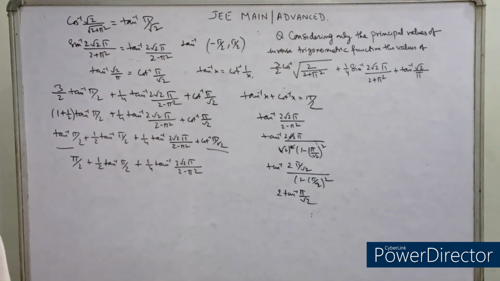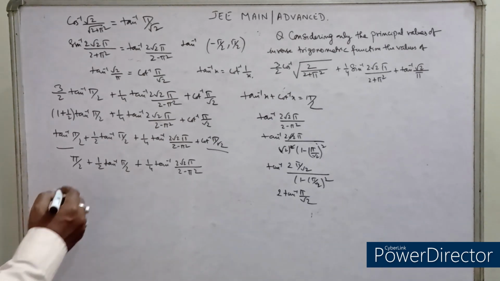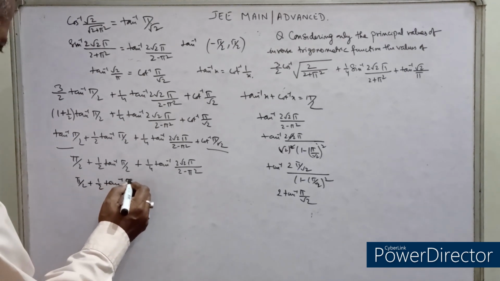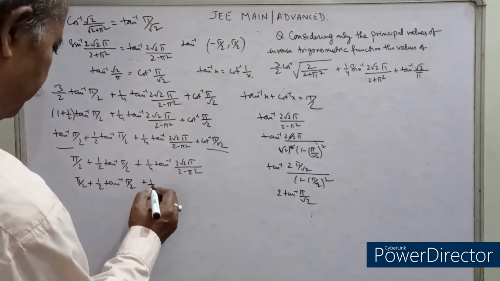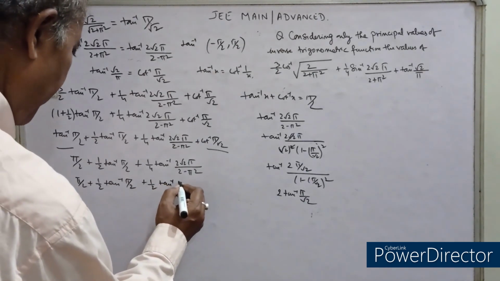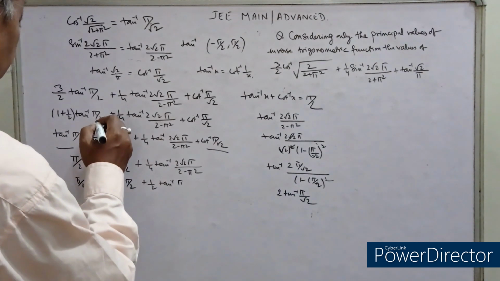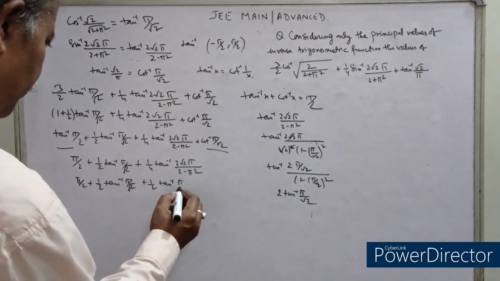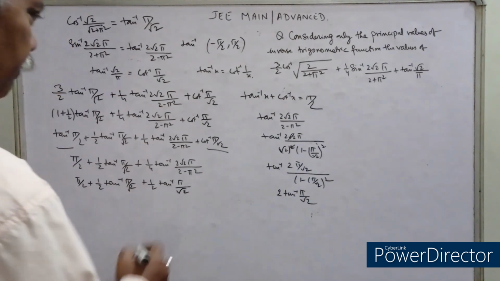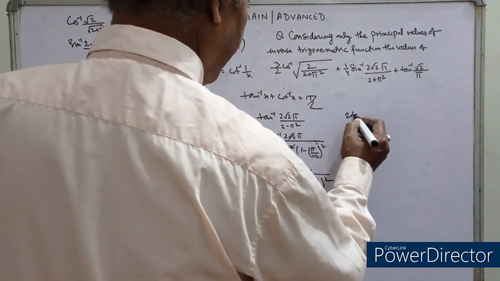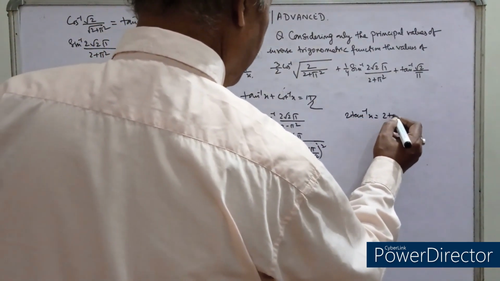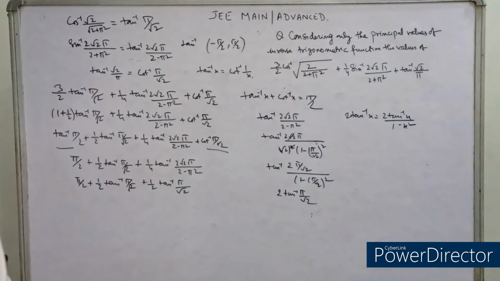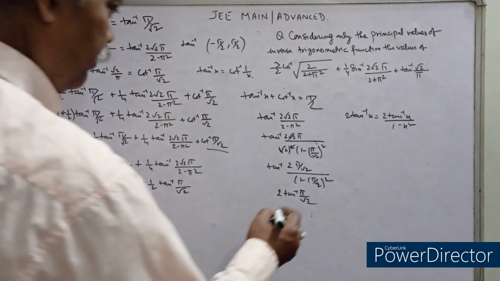So this comes out to be pi by 2 plus 1 by 2 tan inverse pi by 2, and this will be 1 by 2 tan inverse pi by root 2, because this formula is 2 tan inverse x is equal to tan inverse 2x by 1 minus x square.